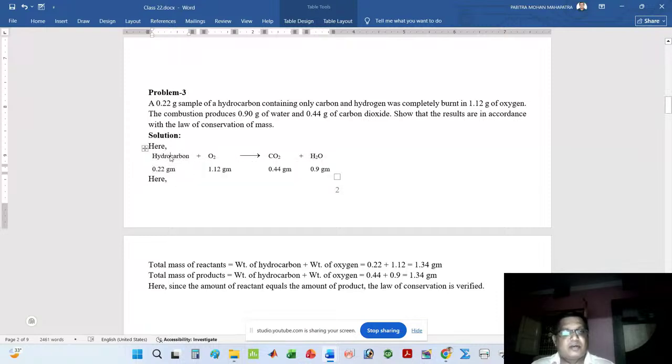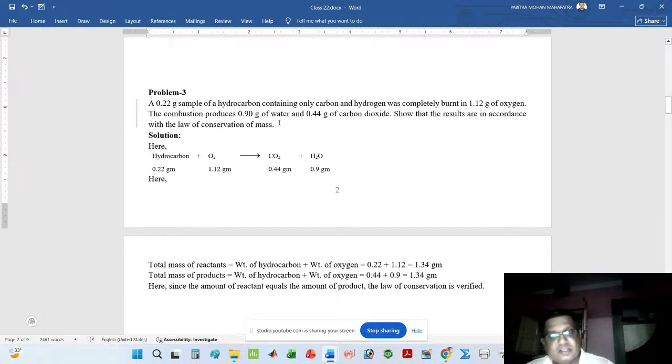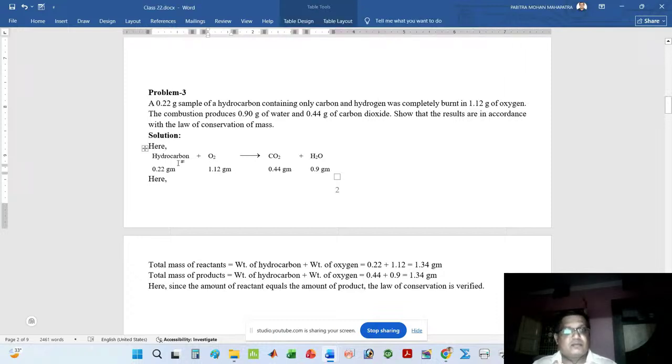Since the hydrocarbon is only made of carbon and hydrogen, if an organic compound is given in which oxygen is present, then you cannot say that all the oxygen present in carbon dioxide and water comes from the oxygen molecule. Some oxygen may come from the organic compound, because the organic compound contains oxygen.